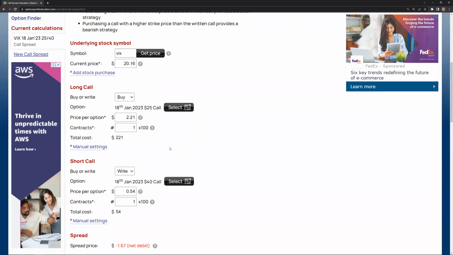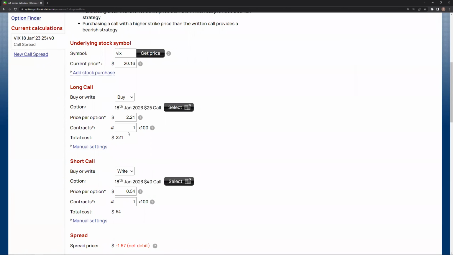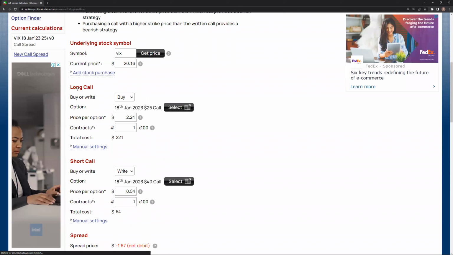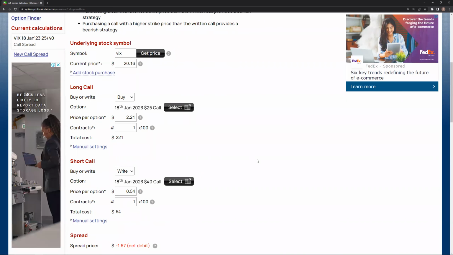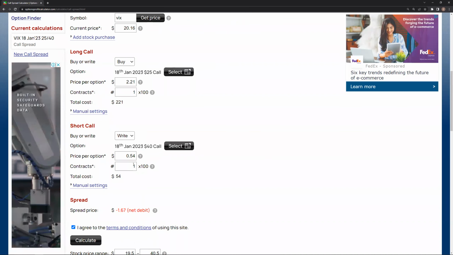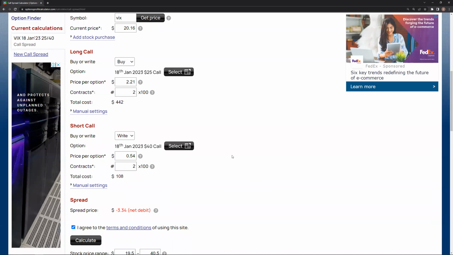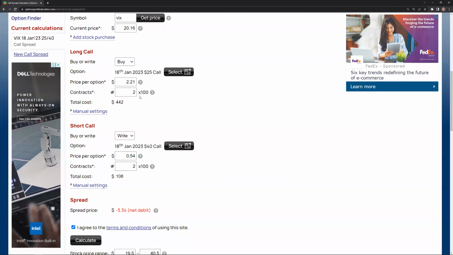So just now, I mentioned what if I do a ratio of 1 to 2? What if, for every one contract that I buy, I short sell 2 contracts? What will happen? So we can see what will happen. If you click 2 here, it will also change to here.